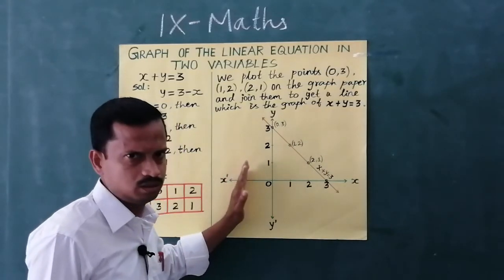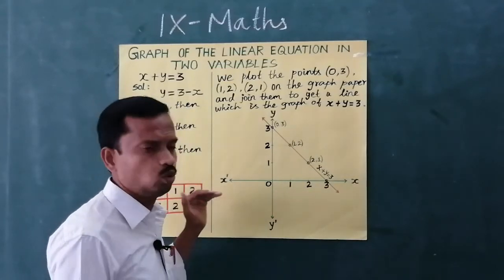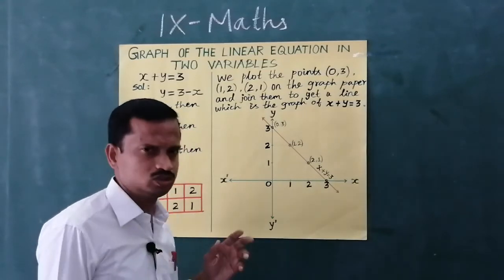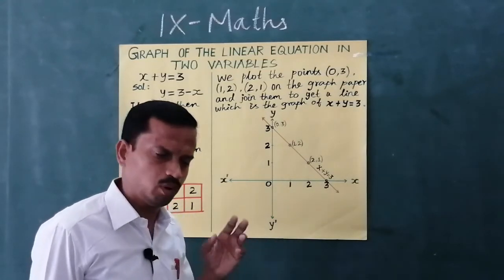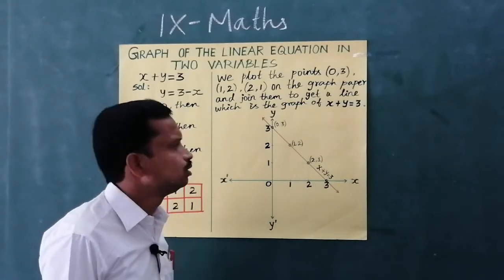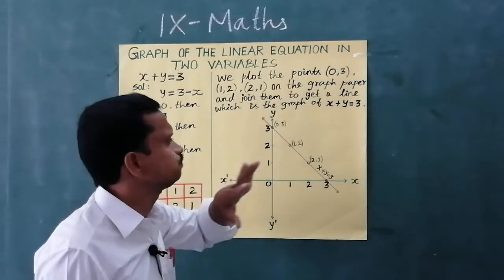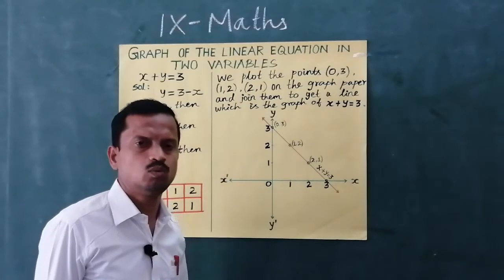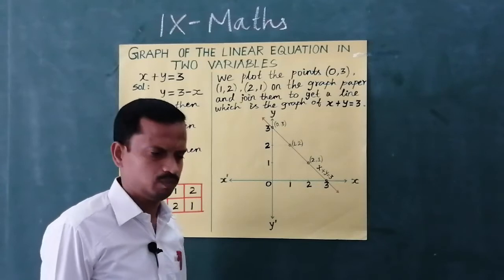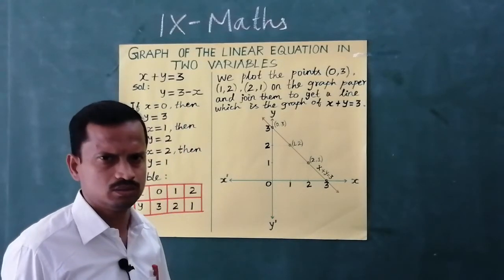For that graph sheet, you have to draw the Cartesian plane, XOX', YOY'. Moreover, you have to focus on the points, the values of the x coordinate and y coordinate. By observing that we have to draw accordingly, because here all the x coordinates and y coordinates are positive alone, both x and y values are plus plus.